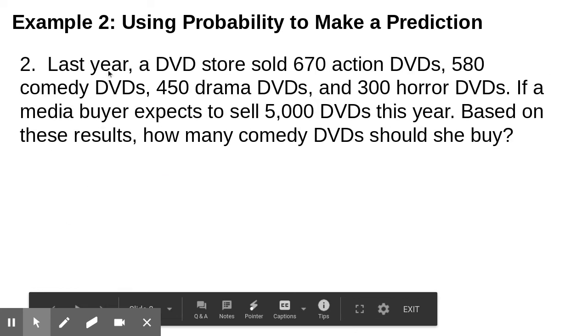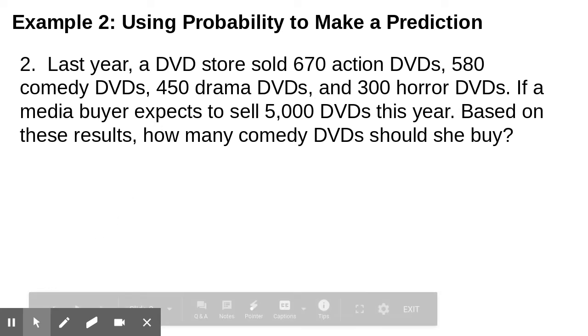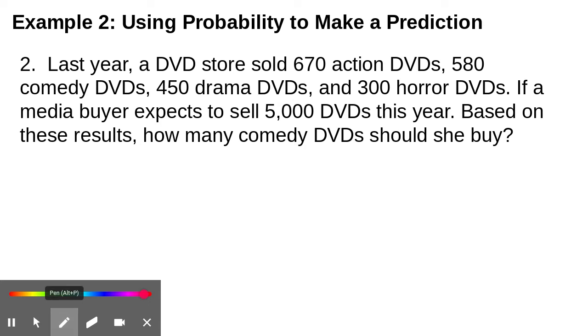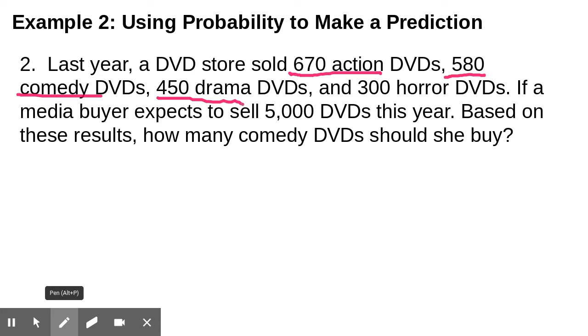Okay, so last year, a DVD store sold 670 action DVDs, 580 comedy DVDs, 450 drama DVDs, and 300 horror DVDs. If a media buyer expects to sell 5,000 DVDs this year, based on these results, how many comedy DVDs should she buy? So comedy DVDs is 580.